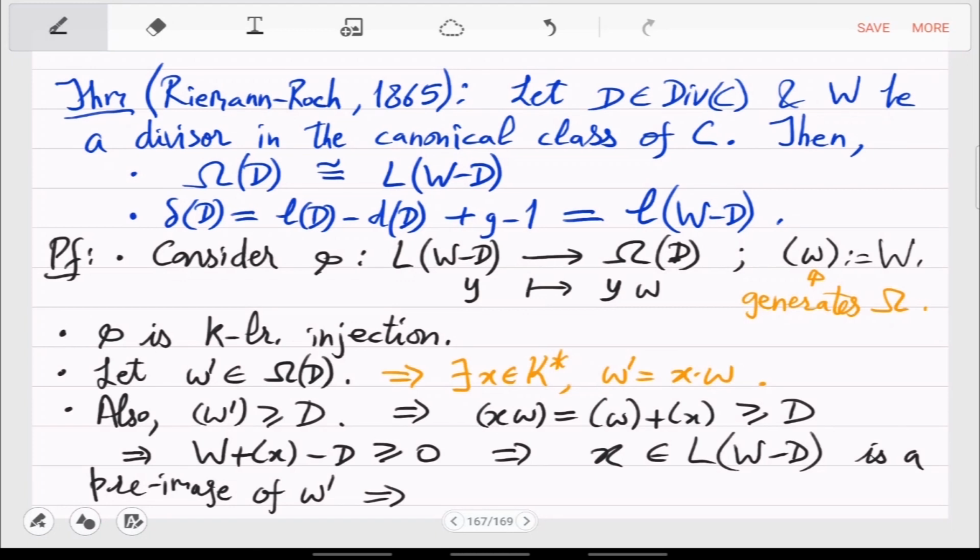Which means that phi is surjection. Okay, so it's an injection, it's a surjection, it's an isomorphism.